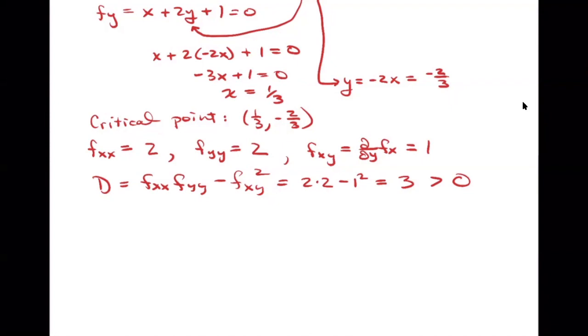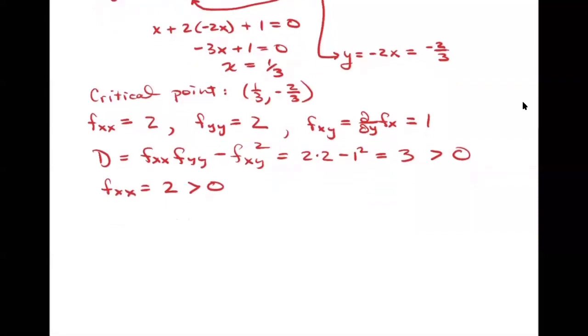And then remember fxx is 2, so this is greater than 0. So when they're both positive, if it's positive, it's concave up. So the rule is D greater than 0 and fxx greater than 0. Local max or local min?